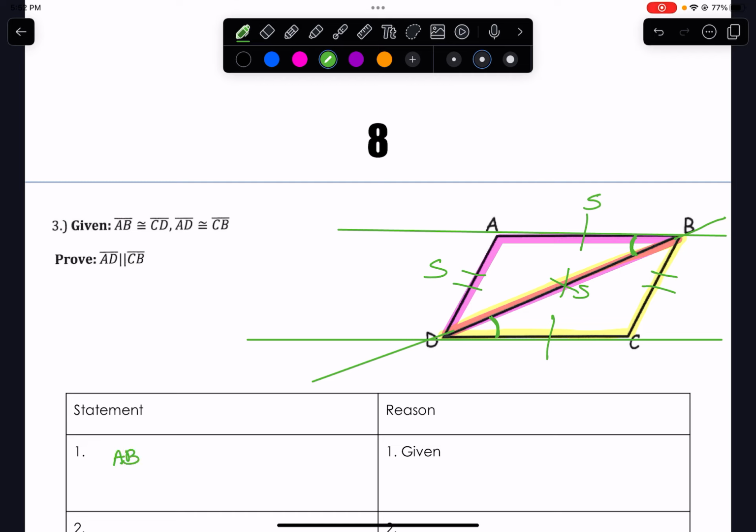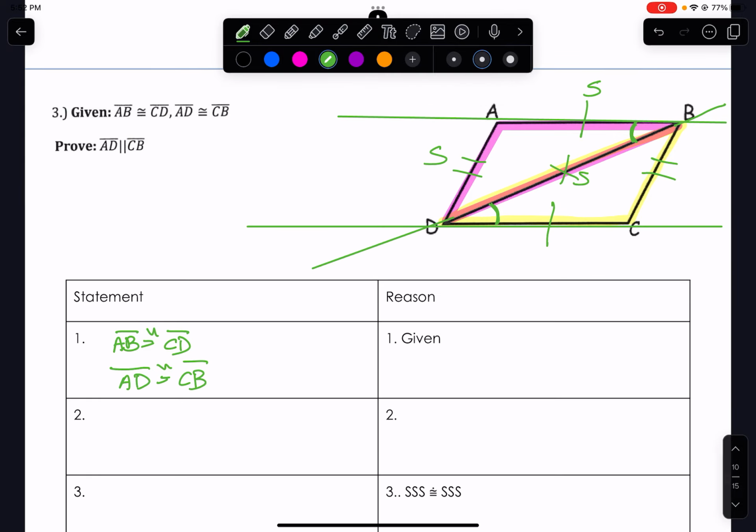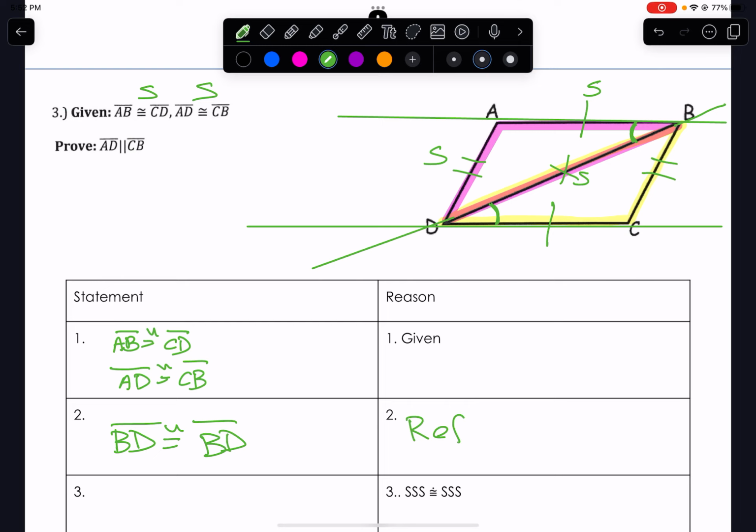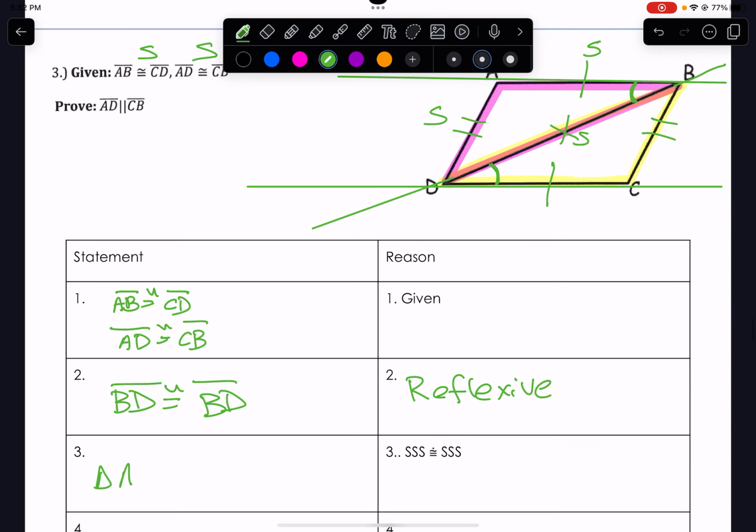So let's write it out. First, we have our givens. Now, all I need, because I was given my two sides, is just my reflexive. So BD is congruent to BD, reason, reflexive. Now, it's important we get the order correct.